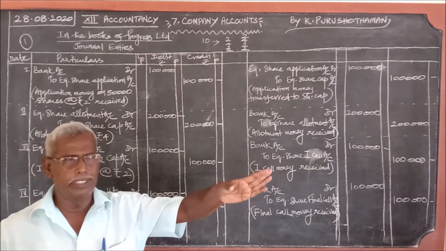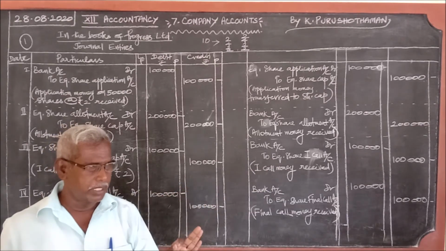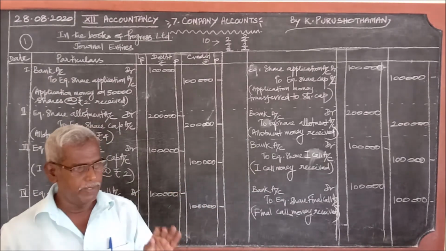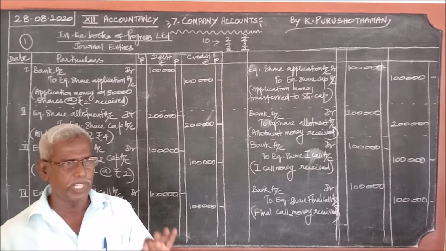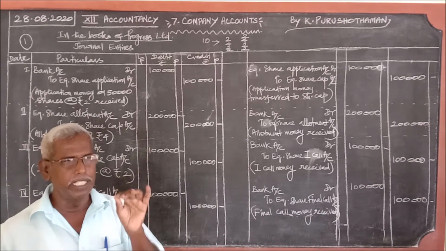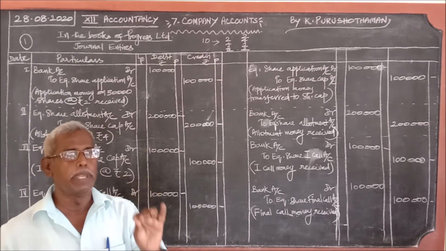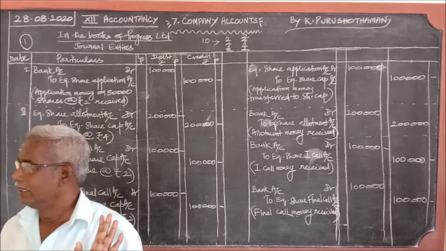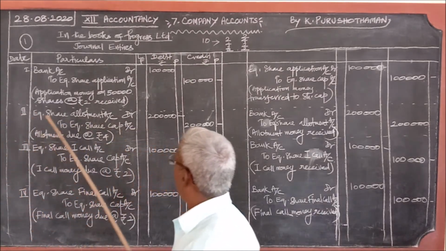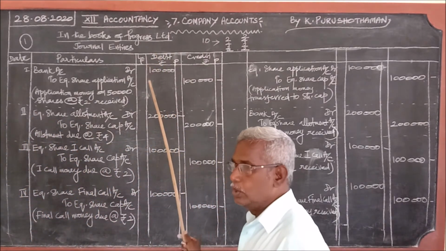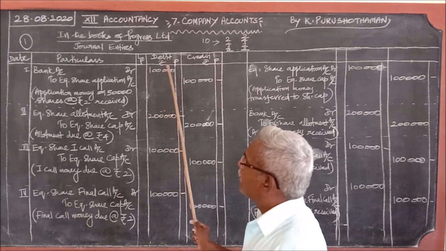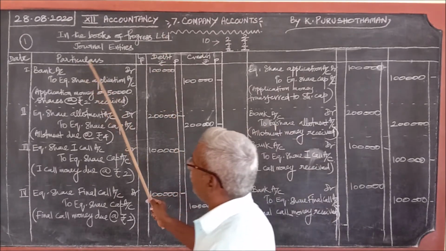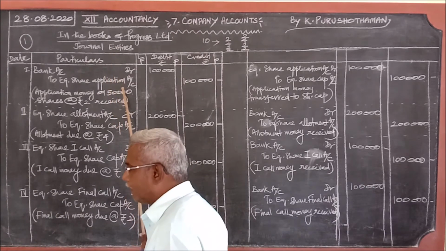That is different. We don't want here now. But what is the procedure? When you apply for the shares, in the beginning itself, you should pay the application money. So 50,000 shares, 50,000 into 2, 1 lakh rupees must have been paid when the shares are applied for.